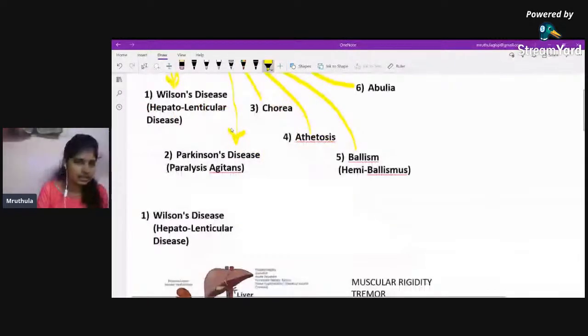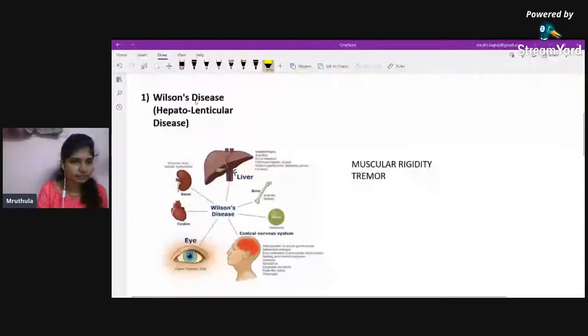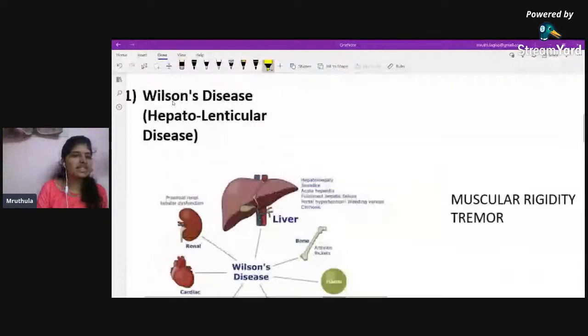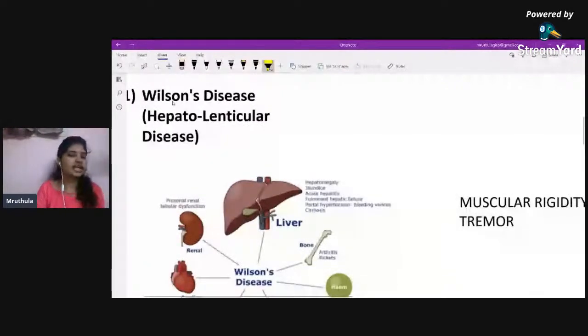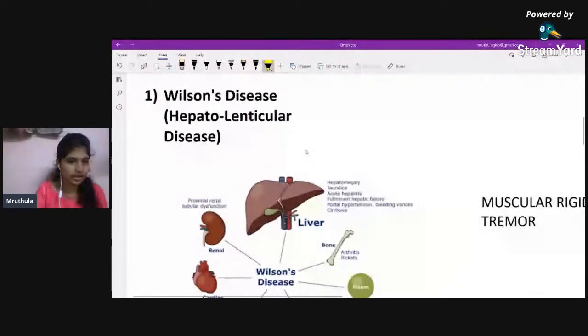First, Wilson's disease. What is Wilson's disease? It's actually a metabolic disorder in which there is accumulation of copper in the body. Copper is a mineral which is present at a very minimal level in the body, but when it gets accumulated inside the body, it will cause a lot of diseases and small changes in the tissues, which can together be called Wilson's disease.